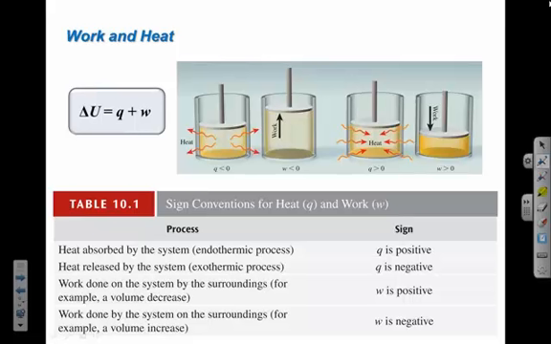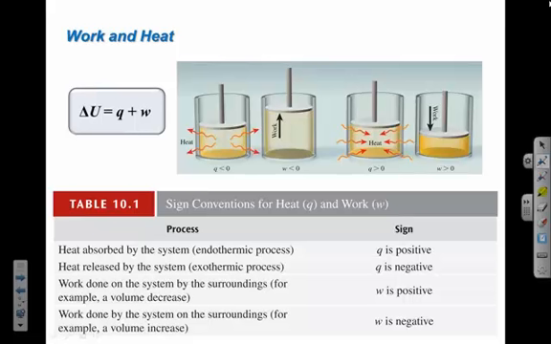So it can lose energy in the form of heat or work, or it can gain energy in the form of heat or work. Right? So if you have a gas and you have some outside force compress that gas into a smaller volume, you are doing work. And that energy is going into the system because now there's more potential energy for that gas to re-expand and equilibrate back to a lower pressure, right?